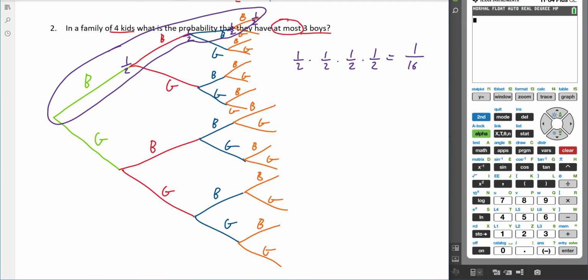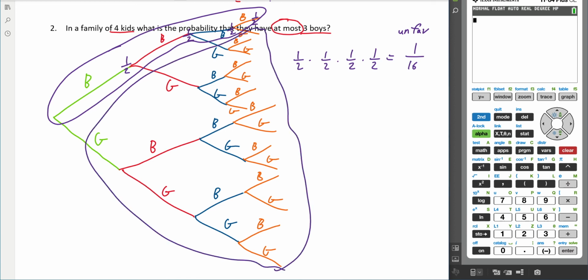This is the unfavorable outcome: if they have 4 boys, that does not fit in at most 3 boys. All the rest of the branches, with 0, 1, 2 boys, fit within the at most statement. The only one that doesn't is this 1/16. So if we go 1 minus 1/16, this would be 15 over 16.